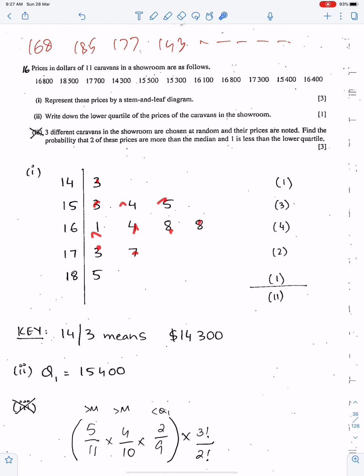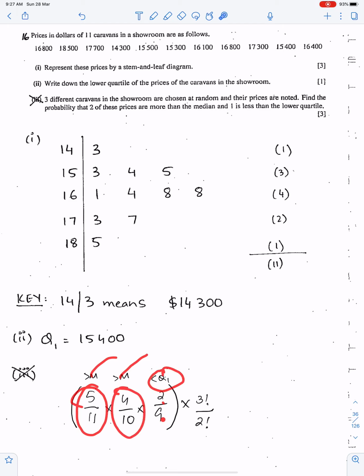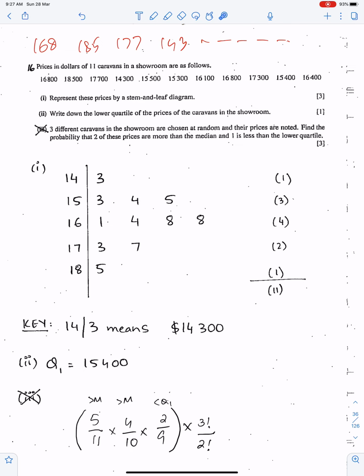So 1, 2, 3, 4, 5. There are 5 observations which are greater than median. So 2 observations greater than median means 5 upon 11, 4 upon 10, and 1 observation less than Q1 means 2 upon 9. And this is compulsory because this is random. You all can understand this easily because you already have done probability.